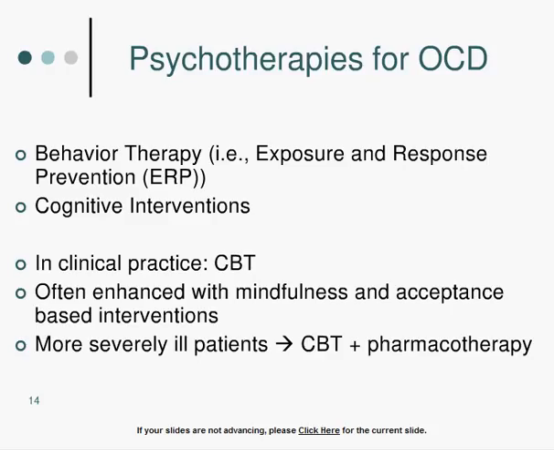And what we see more and more in clinical practice is that cognitive and behavioral interventions are combined, but they're also often enhanced now with mindfulness and acceptance-based interventions. And I will be covering all of those today. And not surprisingly, for the more severely ill patients, you often see a combination of cognitive behavioral interventions along with pharmacotherapy.